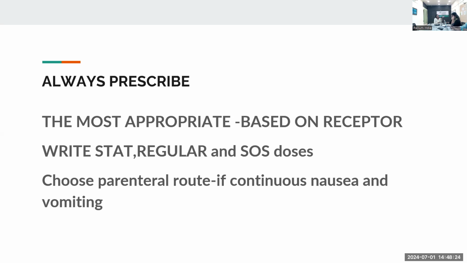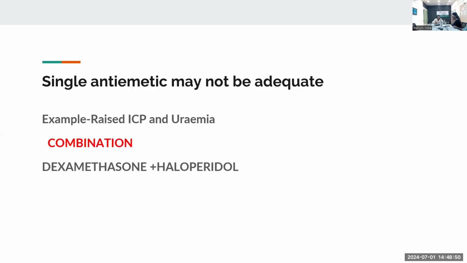Choose the parenteral route for continuous vomiting, and sometimes a patient will have vomiting that is not controlled even if you give anything. Sometimes we have to go for continuous subcutaneous infusion, IV or subcutaneous. You have to set the drug in the pump and give a continuous infusion to control it. So, like I told, a single antiemetic may not be adequate.